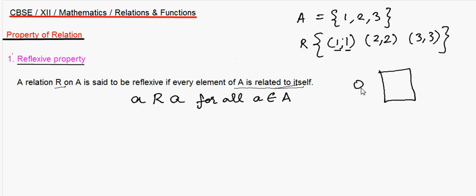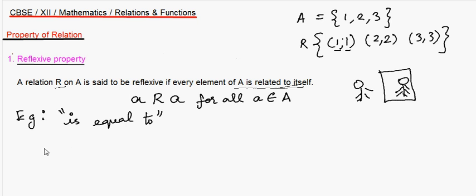If any person is standing in front of the mirror, the reflection we get is the same. For example, an example of a reflexive relation is "is equal to". Whenever, say, 5 is equal to 5, then it is called reflexive relation.